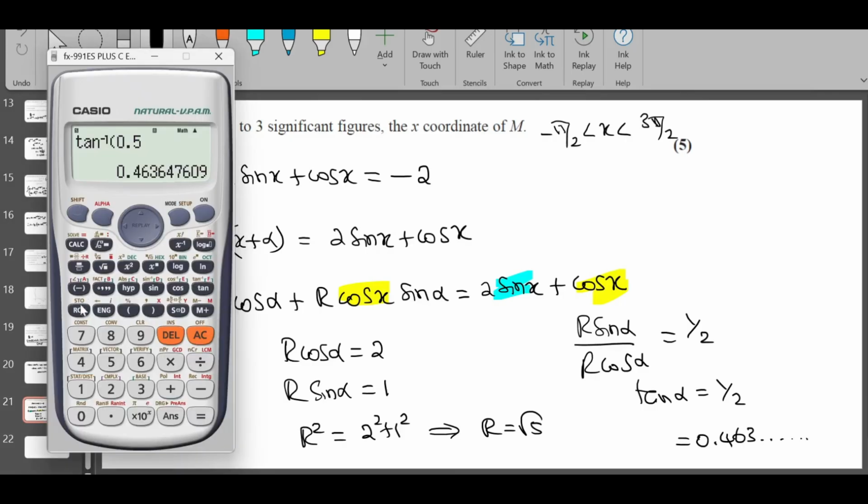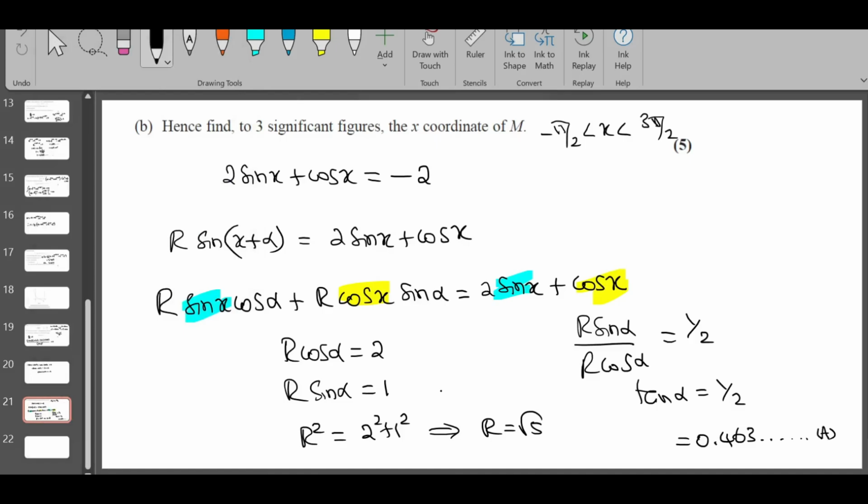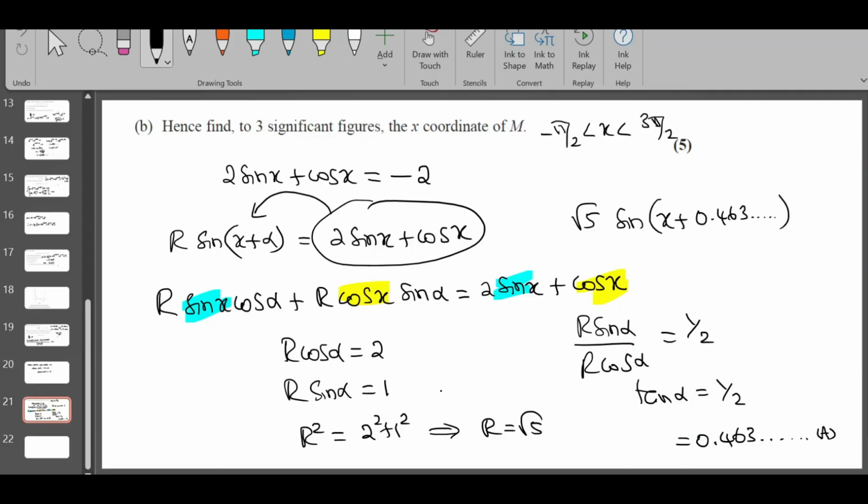I'm going to immediately store the value as a, because we will round the figure only at the end. So I'll just put a little reference here. So you can write this whole thing as r sine of x plus alpha.